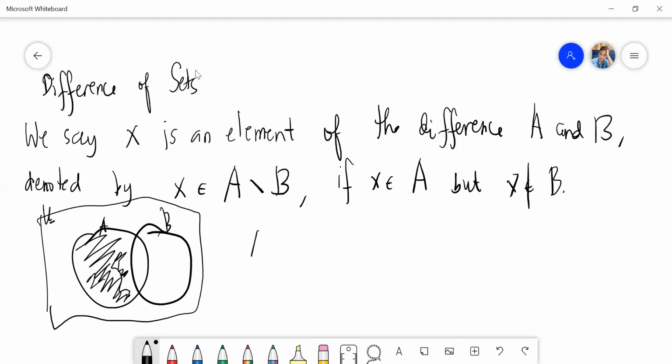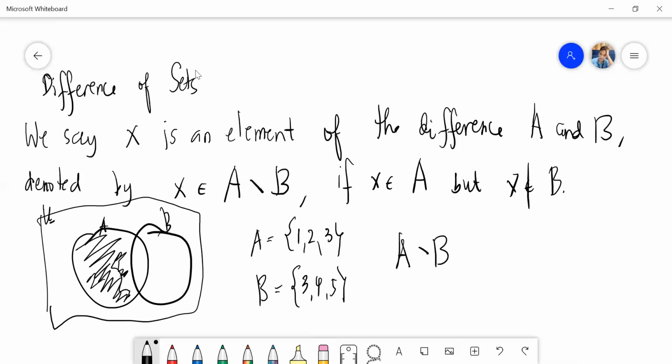So let us say, for example, our A here is 1, 2, 3. Our B here is 3, 4, 5. Then A minus B is those elements that B does not have, like 1 and 2. 3, on the other hand, is in B, so we cannot write 3 here.